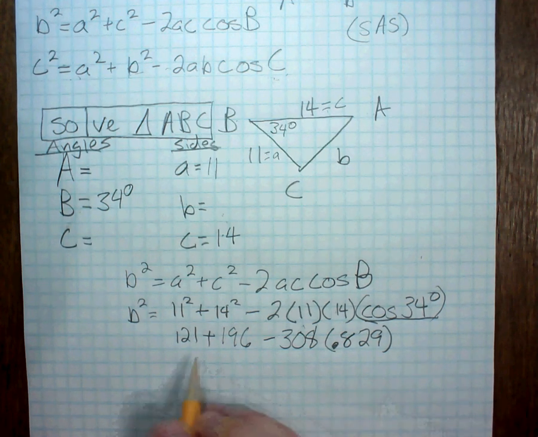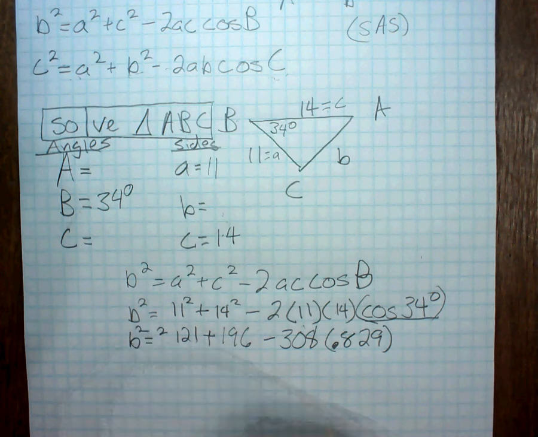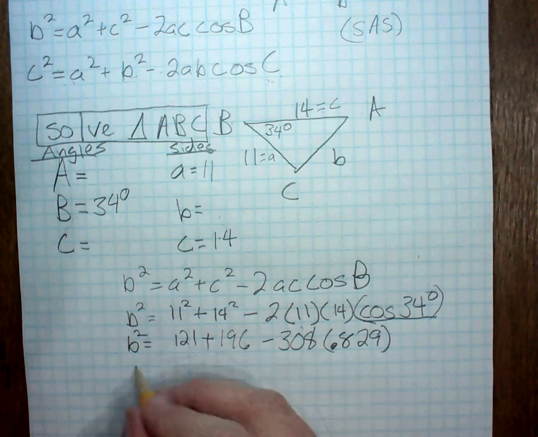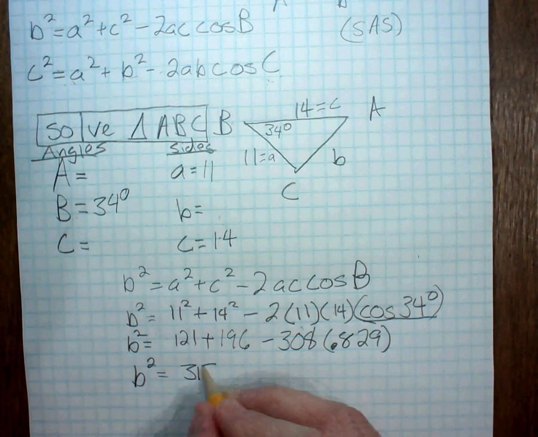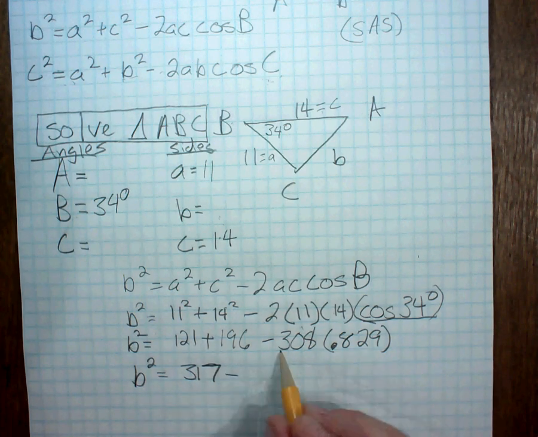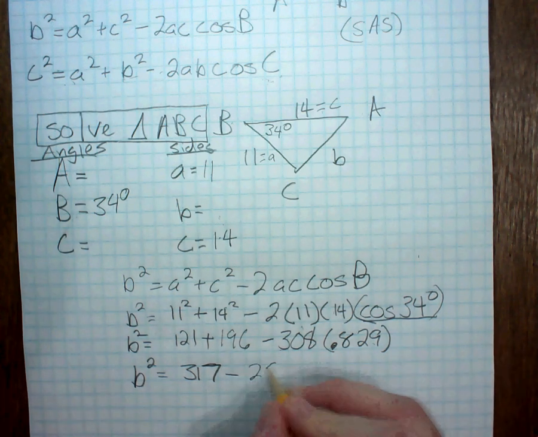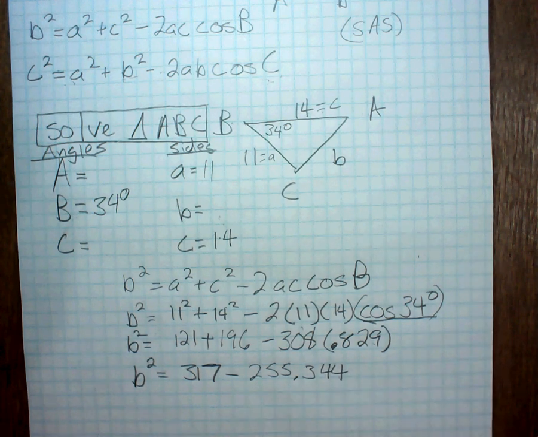So then when I get that, and that's all equal to b squared, then this becomes b squared is equal to 317 minus whatever this is. So this times 308 which is 255.344 if I'm rounding.